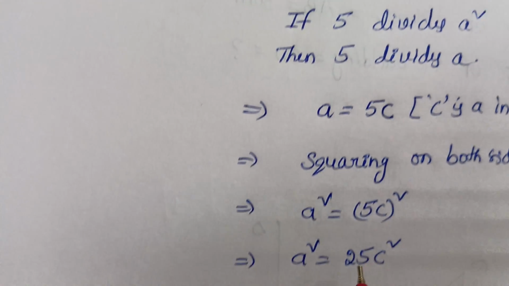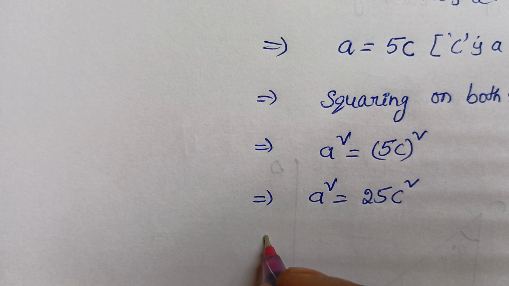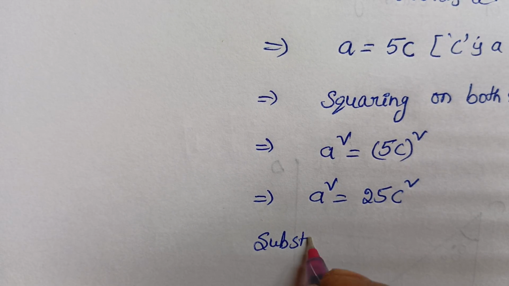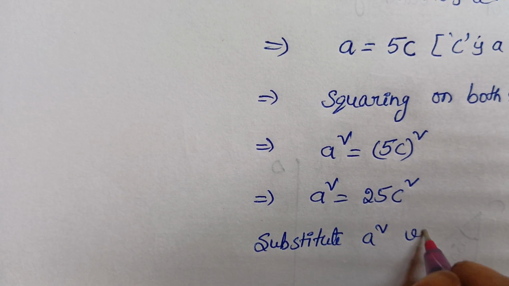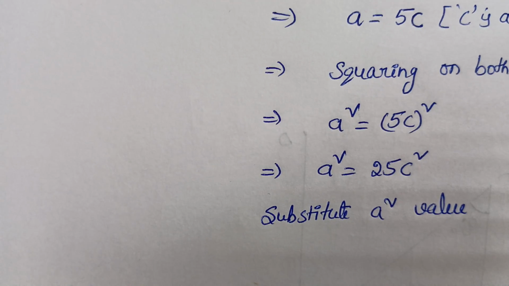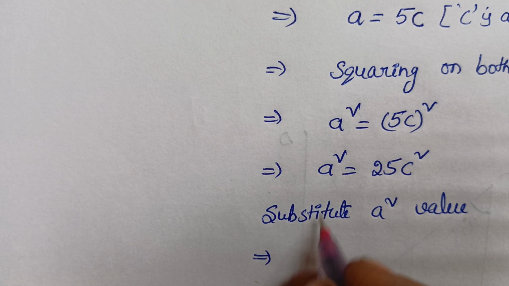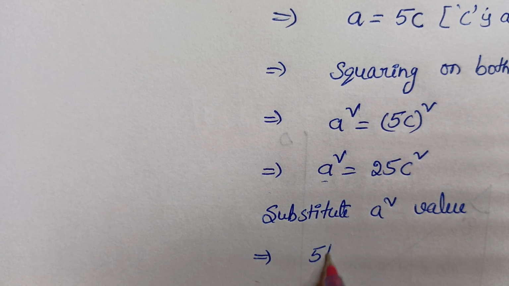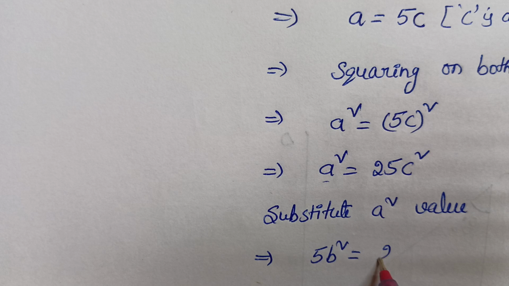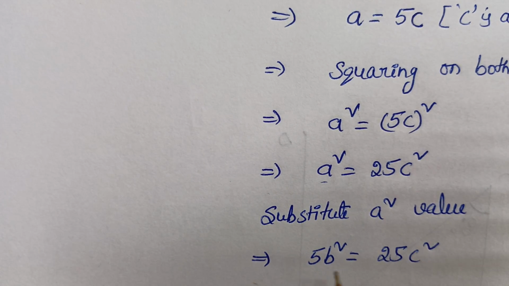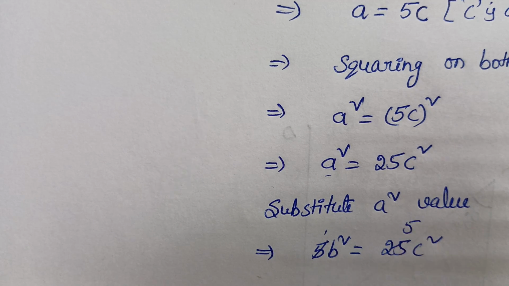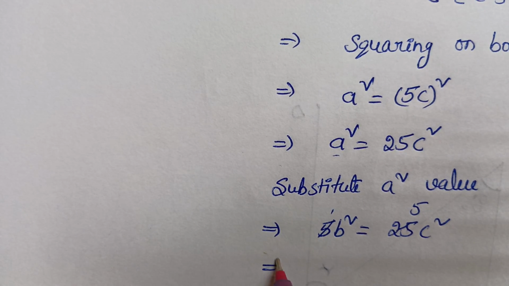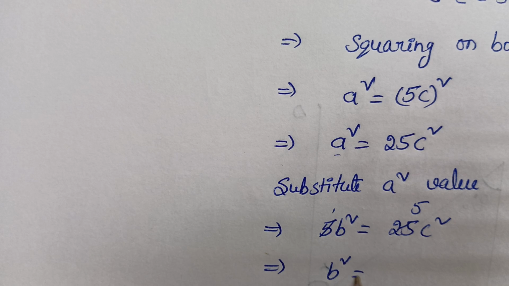Substituting the a square value, 5b square equal to 25c square. On the left side there is one 5, on the right side there are two 5s, equally cancelled on both sides.